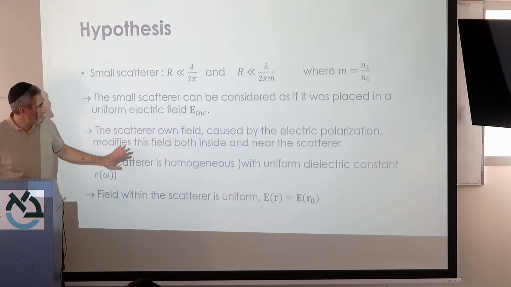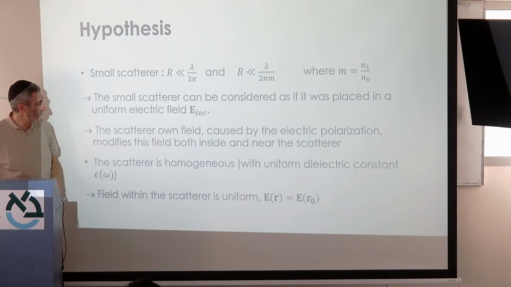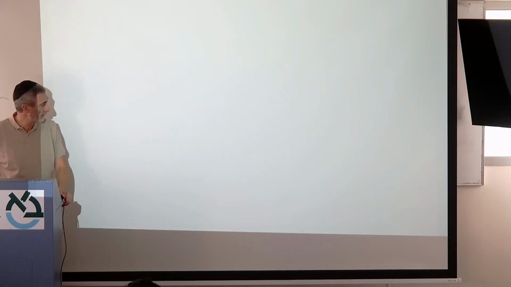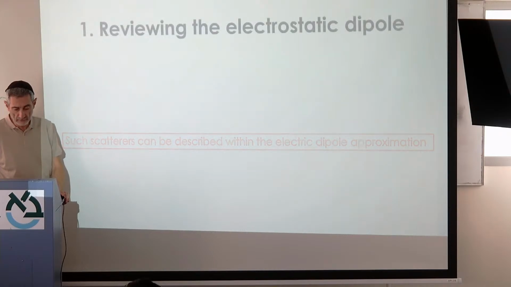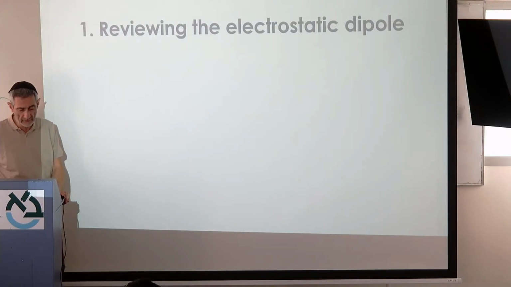So based on this approximation, I just want to review with you a very simple case, which is the electrostatic case. First, I want to review with you the case of the electrostatic dipole.